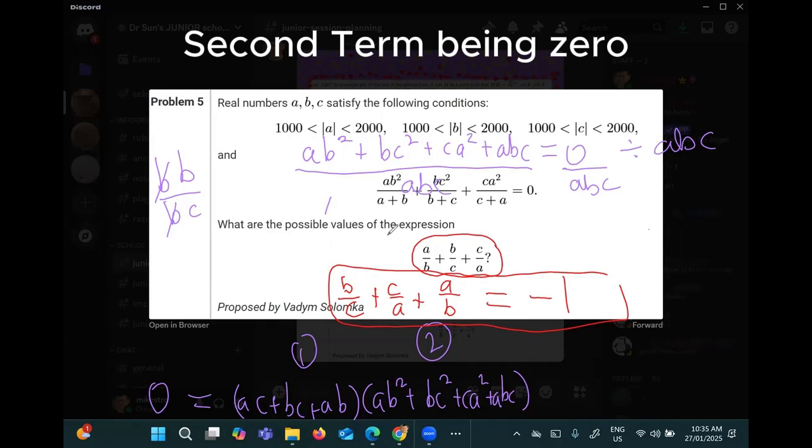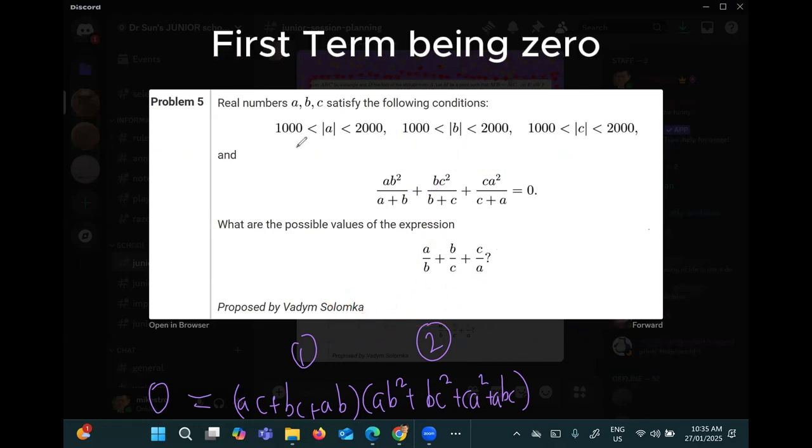Okay, now, let us look at this other case. So AC plus BC plus AB equals 0, yeah? What do we get in that case?